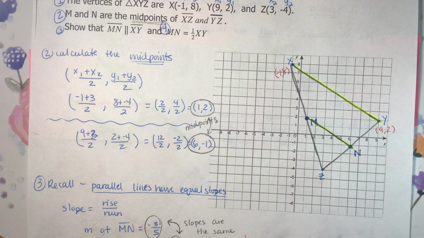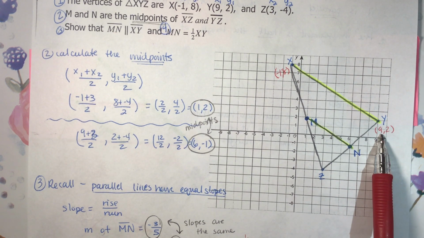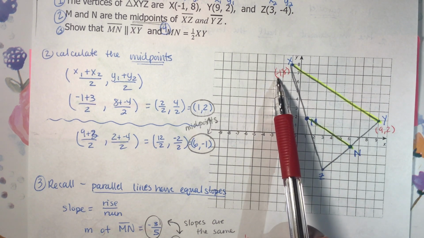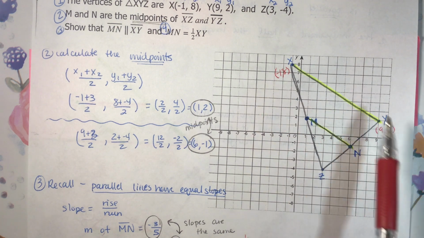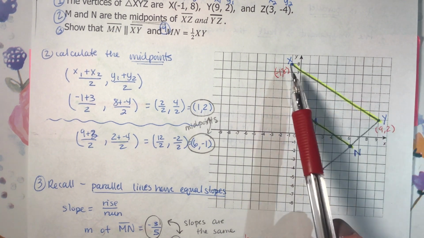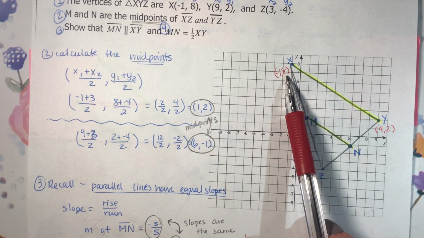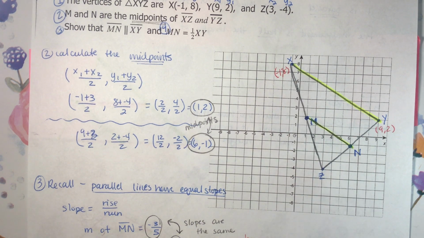And let me double check my work. So we have 9 minus -1, which is going to be plus 1, which is 10 squared. Good. And we have 2 minus 8, which is -6. -6 squared is 36. So we got the square root of 136.